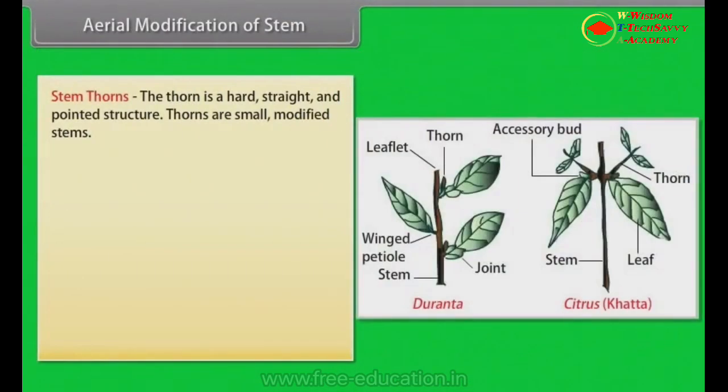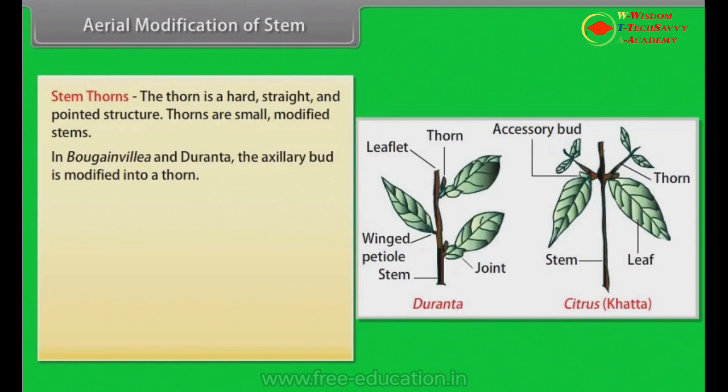Stem thorns. The thorn is a hard, straight, and pointed structure. Thorns are small, modified stems. In bougainvillea and duranta, the axillary bud is modified into a thorn. In Carissa, the terminal bud is modified into a pair of thorns.